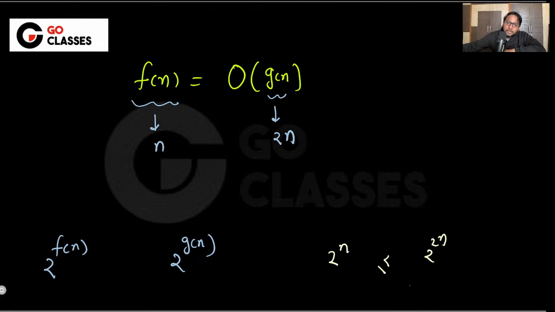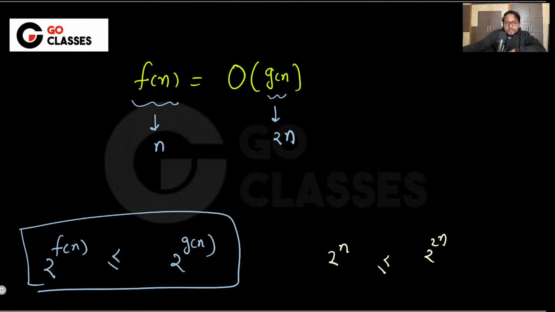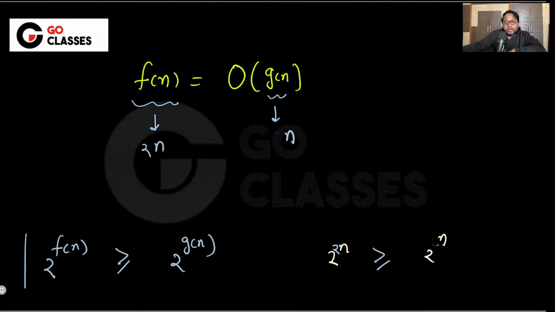So this holds. But suppose you reverse the roles. You can definitely reverse the roles. Here it holds, but if you reverse, so this is now 2n, then does this hold? No, it doesn't. So sometimes the relation that holds is less than or equal to, and sometimes it is greater than or equal to, depending on f(n) and g(n).